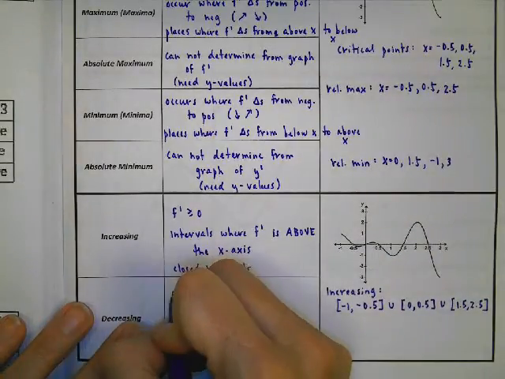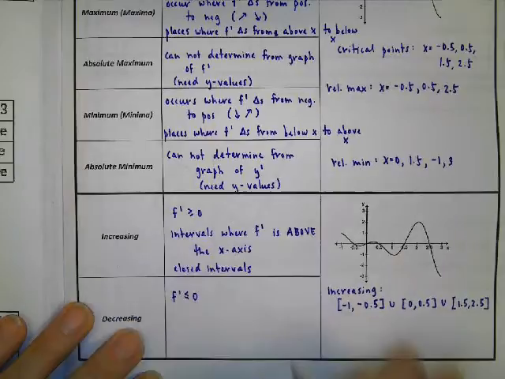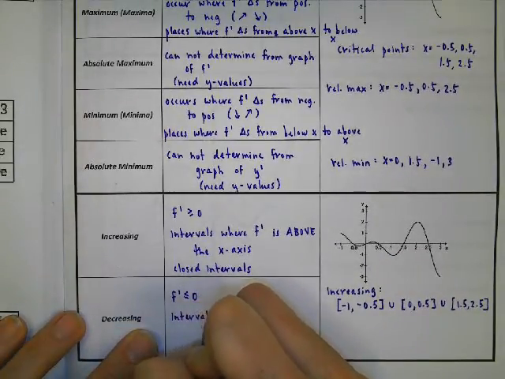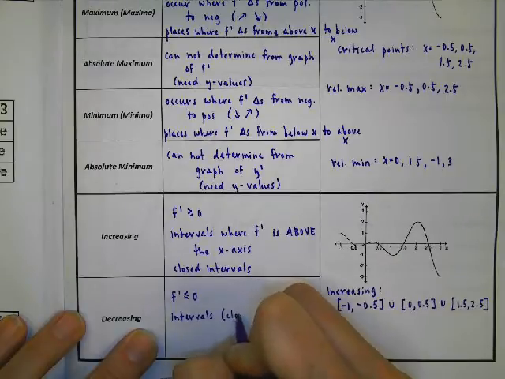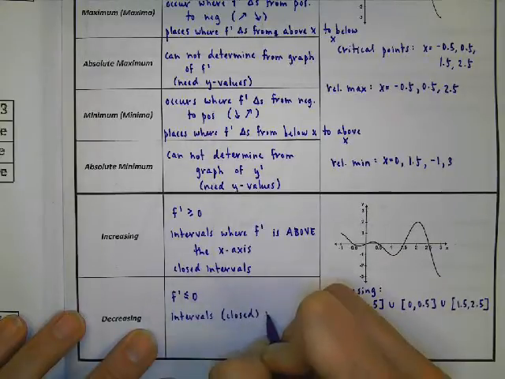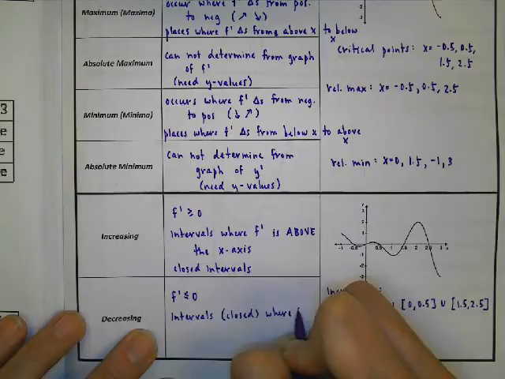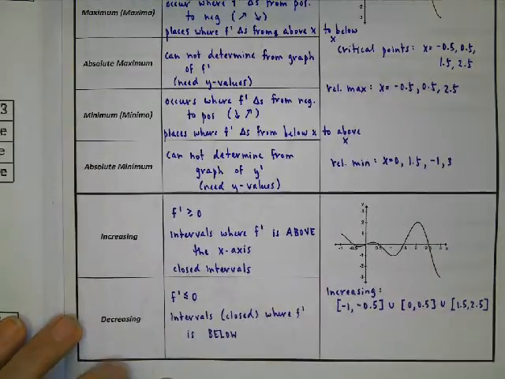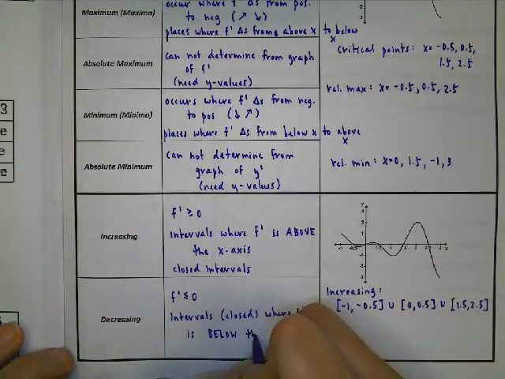So now decreasing is where f prime is less than or equal to 0. So I'm looking for intervals, and those are going to be closed. And now I'm looking for where f prime is below the x-axis.